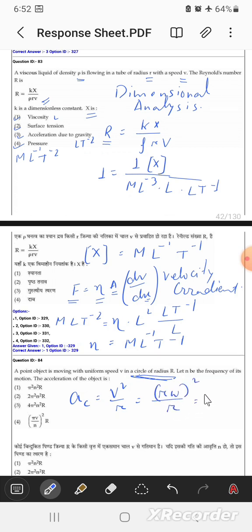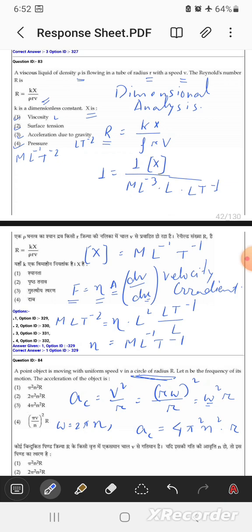By simplification it will be omega square r. Also we know omega equals 2 pi n. So if I place 2 pi n in place of omega, centripetal acceleration will become 4 pi square n square into r. This will be the equation.